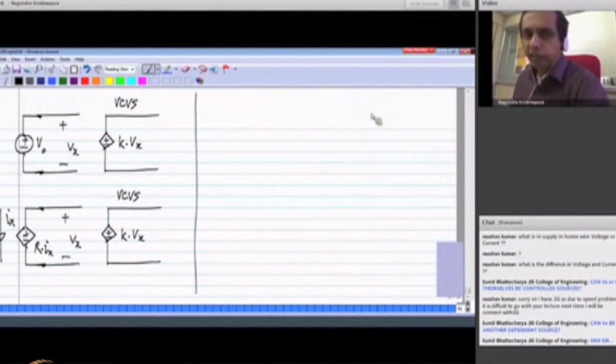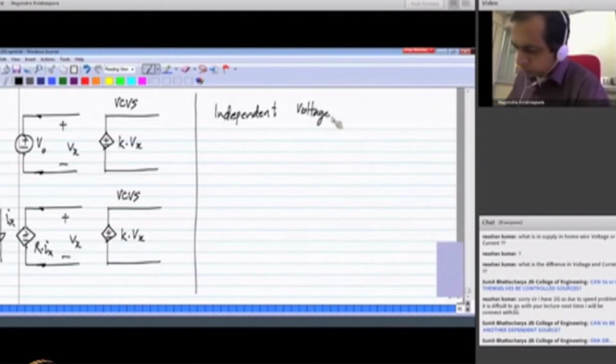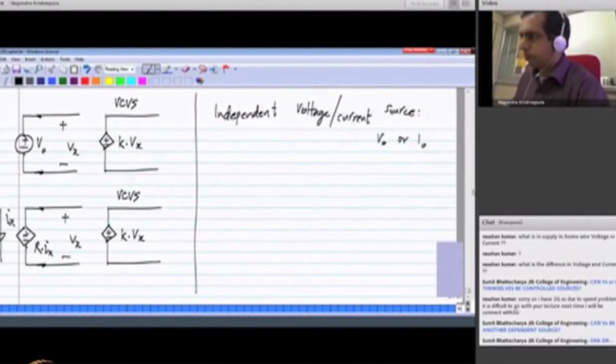Now these are given to you. Okay, normally, if you have an independent voltage or a current source, all you have to do is to specify the value of the voltage or current.